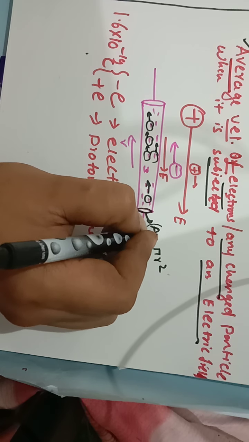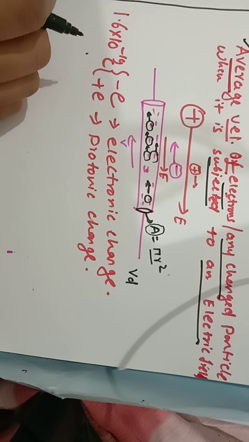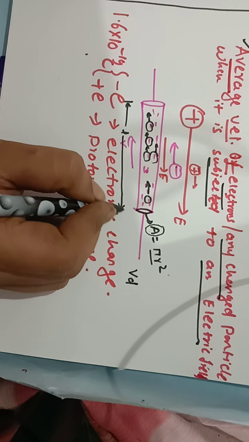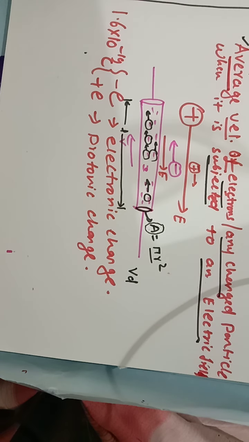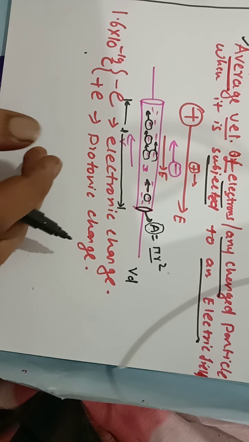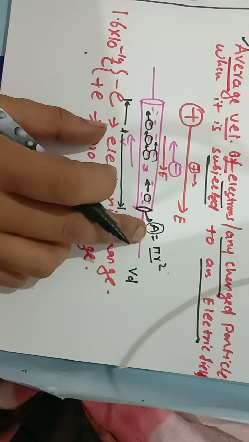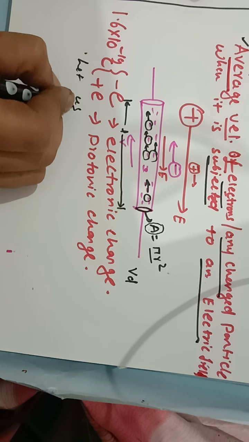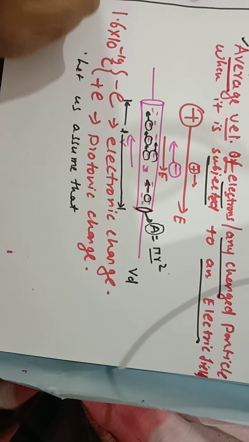So I will be doing nothing wrong if we assume the area as A for deriving the expression, and the length of the section we are considering be L. It is not the full wire, it is a section of the wire. All things are done and the area has also been assumed. Now let us assume that, what we will assume?